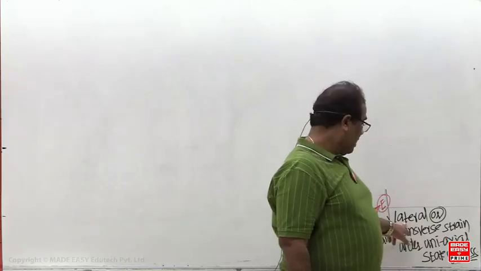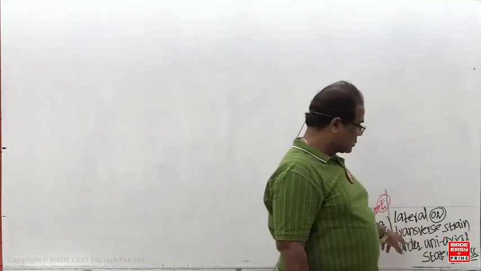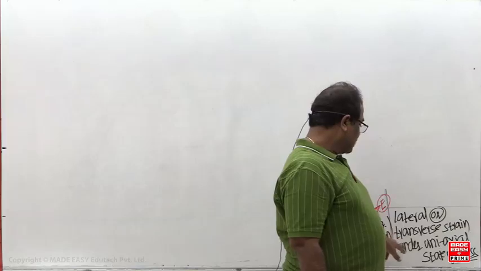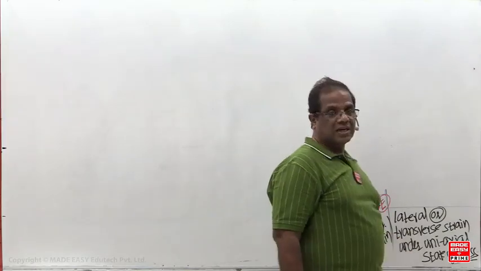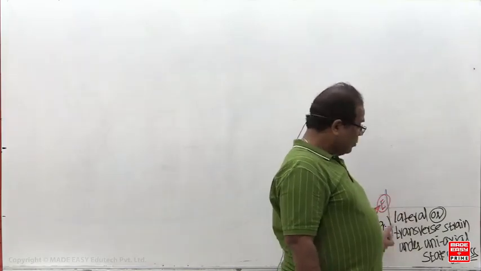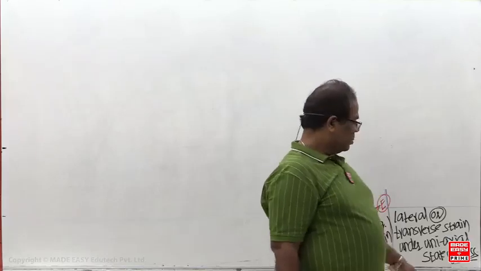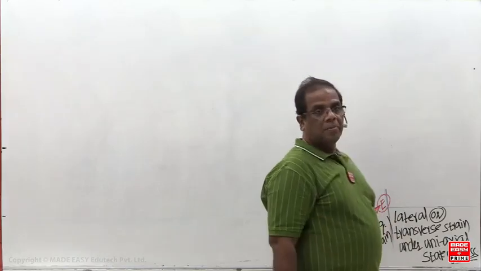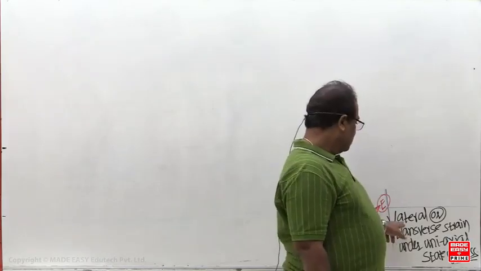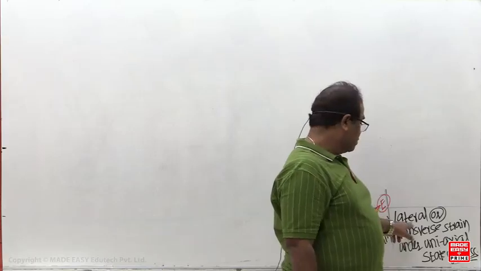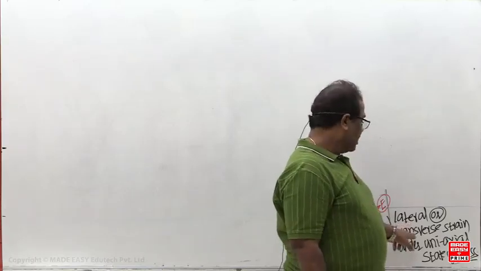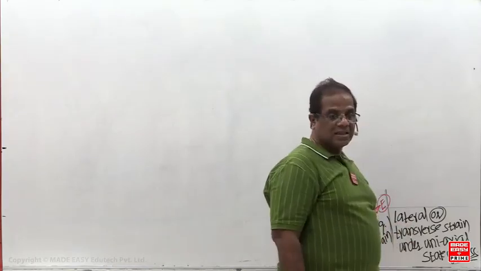It is used to determine lateral strain or transverse strain under uniaxial state of stress. I am repeating the last column: Poisson's ratio is used to determine the lateral strain or transverse strain under uniaxial state of stress.